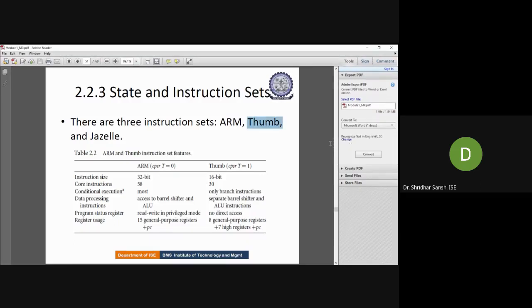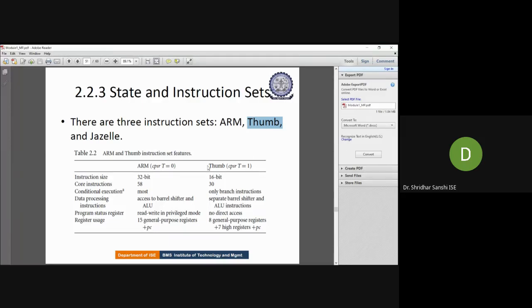These Thumb instructions are a 16-bit instruction set. Some operations that we can achieve with 32-bit instructions, we can achieve with only the 16-bit Thumb instructions. With that we save a lot of memory and power. That is the advantage of using Thumb instructions.